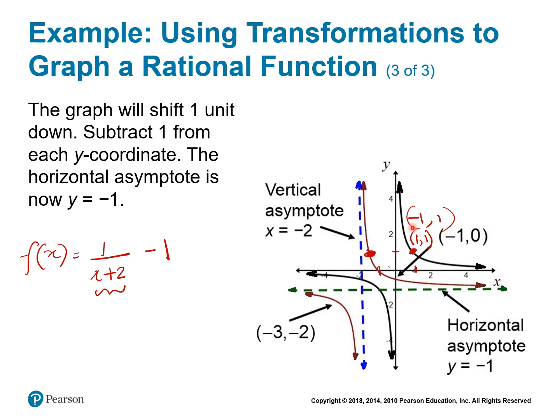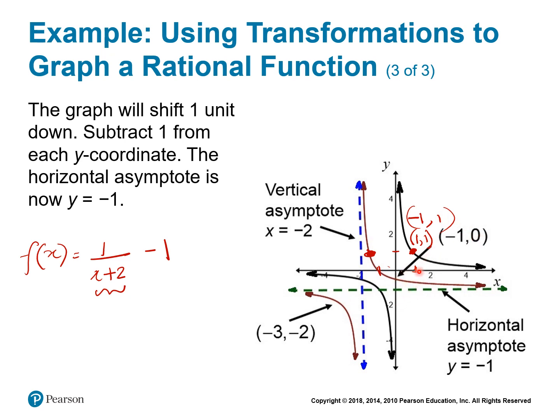When we shifted it to the left, the x coordinate became -1. When we shifted down, the y coordinate also needs to be decreased. How many units? 1 unit. So 1 minus 1 will be a 0.